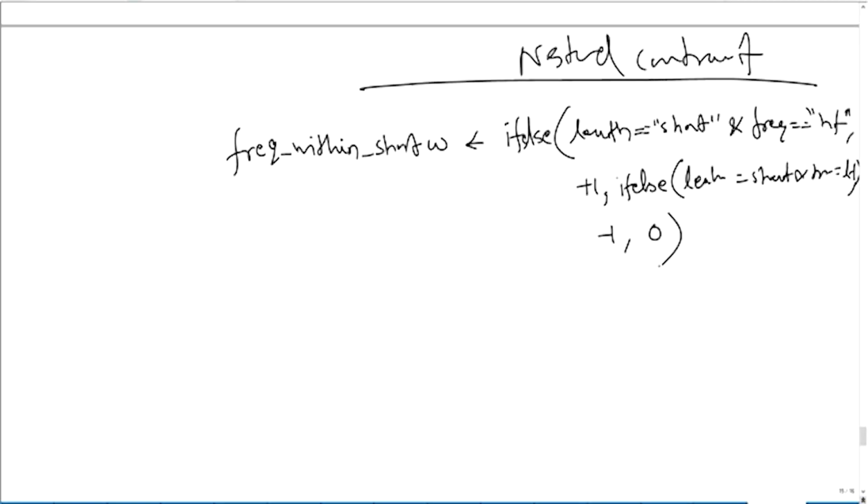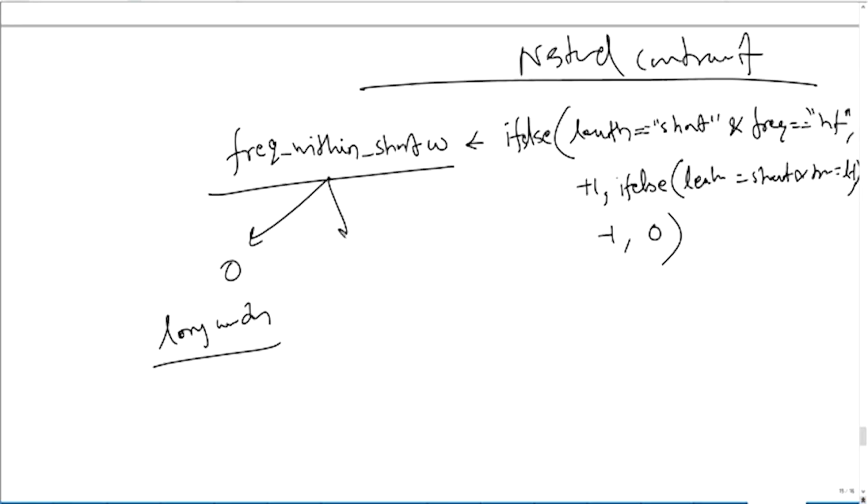What this would do is that for all the words which are long, this predictor will be 0. It would have value -1 for short low frequency words, and +1 for short high frequency words.